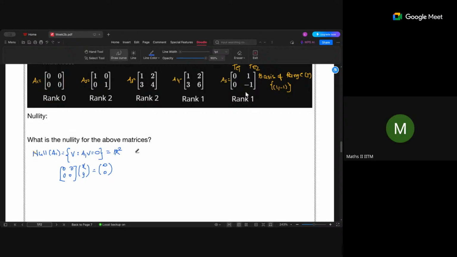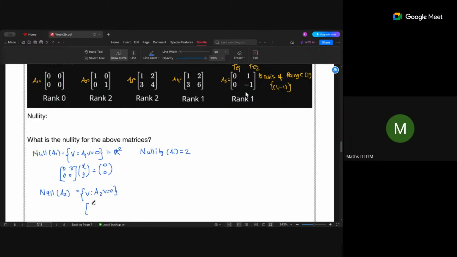Okay. So if this is the entire R2, then what is the nullity? Nullity is 2. Okay. Fine. Now, what is the null space of A2? It is the set of all V such that A2V equals 0.